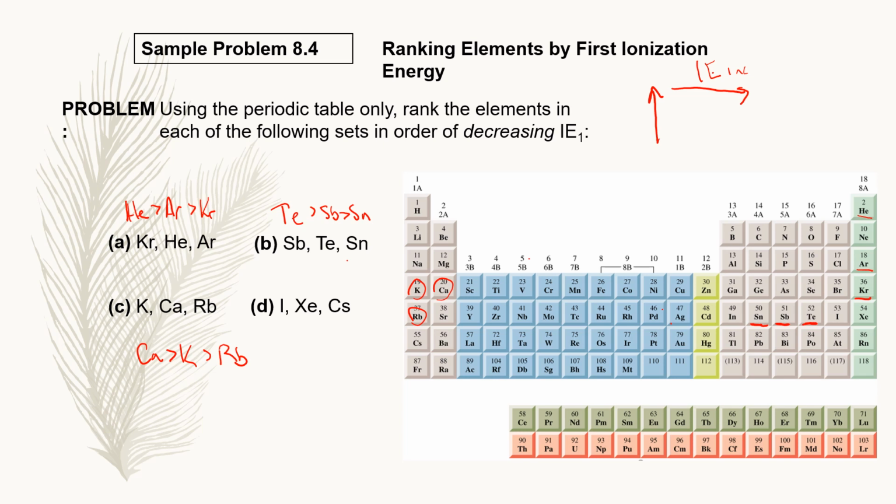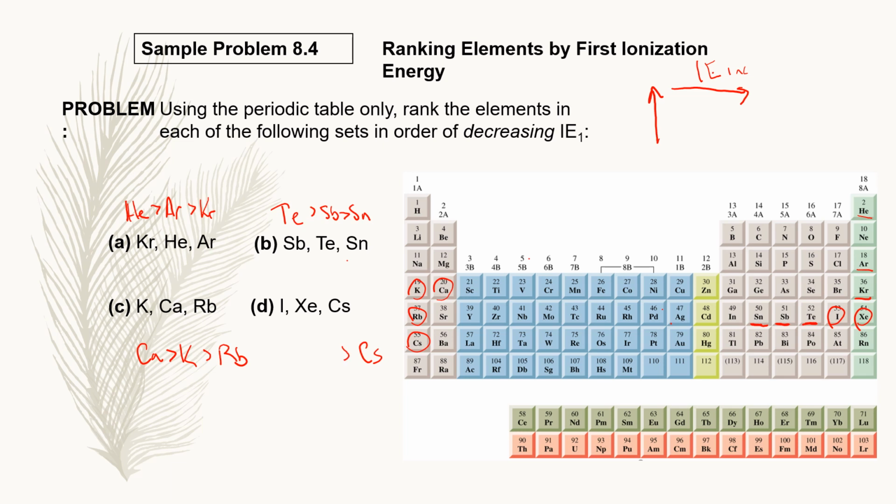Okay, and our last example, I have iodine, xenon, and cesium. So in this particular instance here, again, cesium being not only further to the left and also the lowest for my energy levels here on the periodic table, being in row 6 versus row 5, I know that cesium would have the lowest first ionization energy.